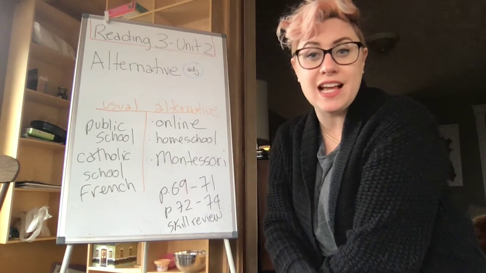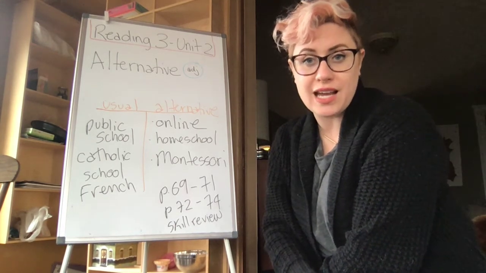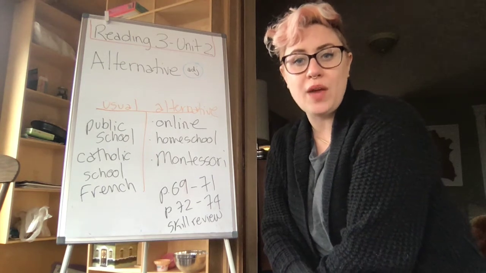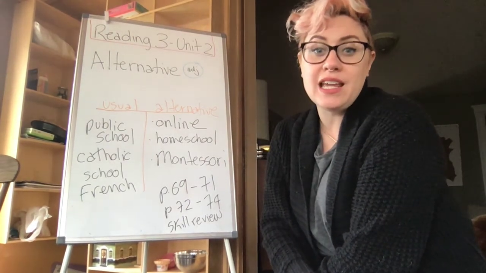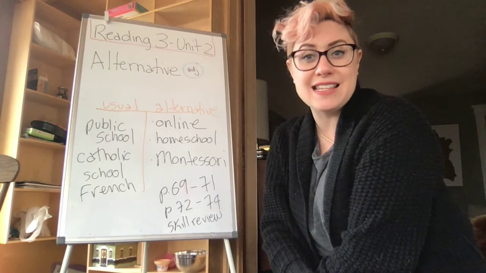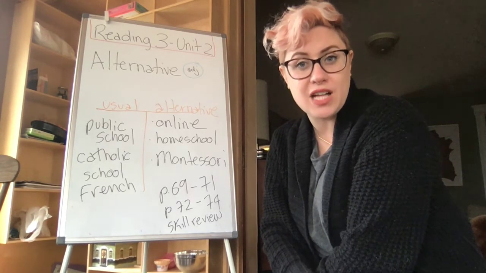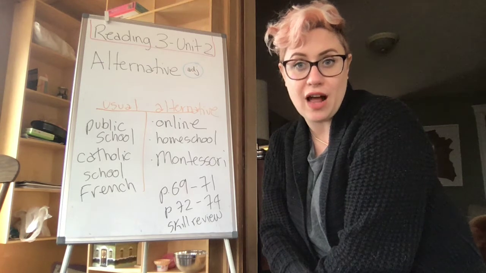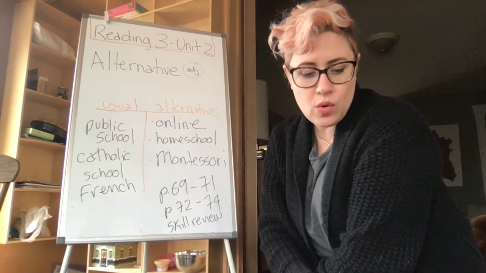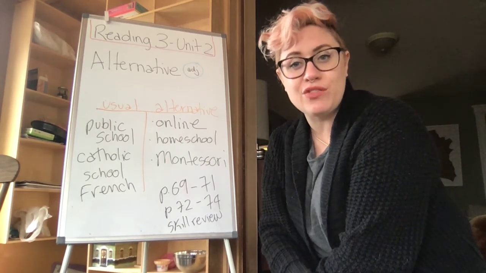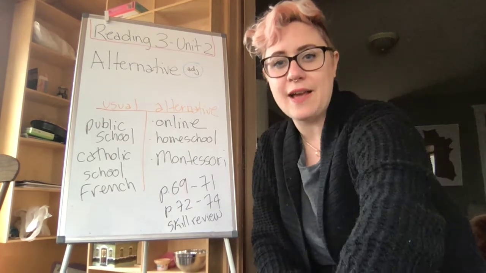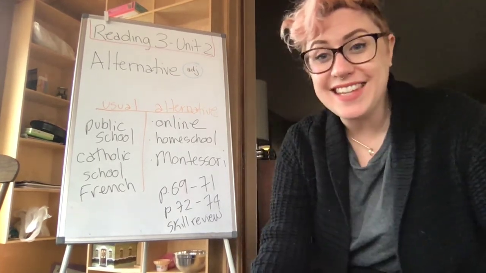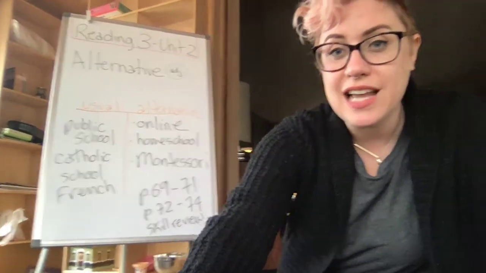So the main idea is usually in the first or second sentence, or we have a final sentence, like a concluding sentence. And generally, our details and examples and evidence are found kind of in the middle of a paragraph, usually. So I want you to try to do the skill review based on your knowledge of how to write an essay. Okay, that's it. So that's your reading homework tonight.